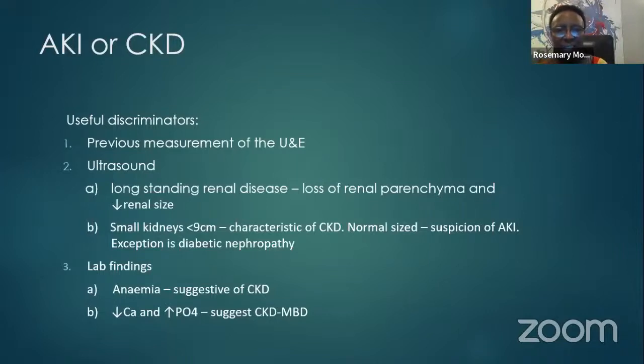The other findings are the laboratory findings. If a patient has got anemia, it will be suggestive of chronic kidney disease. And if the calcium is low and your phosphate is high, it suggests as well your bone disease.